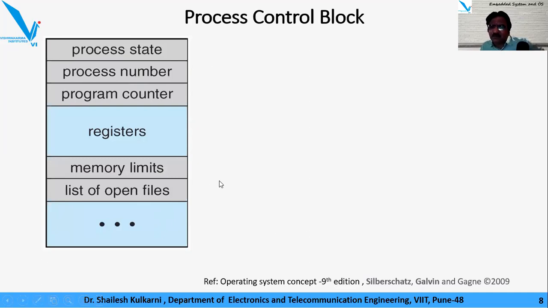In respect to MuCOS2, we'll see each and every field in detail, because the MuCOS2 scheduler works on this task control block in a manner where the task that is high priority and ready to run is the task that must be running. I repeat, high priority and ready to run is the task that must be running at any point of time.